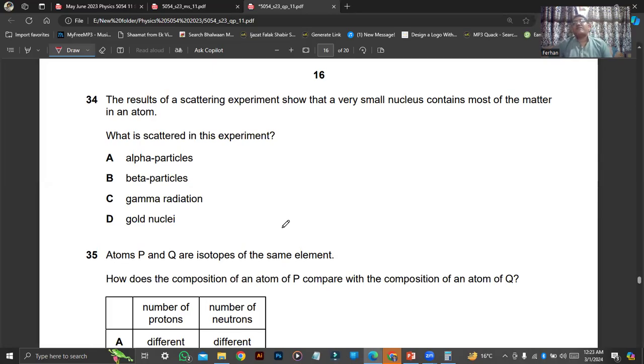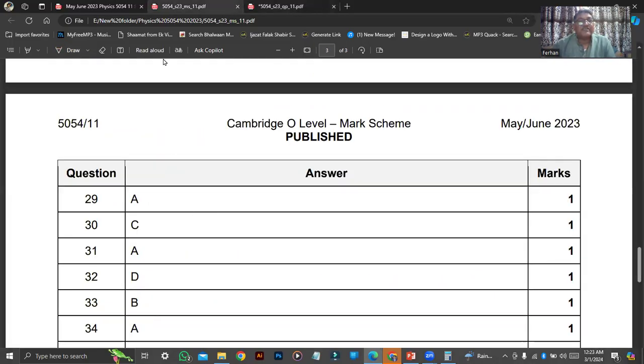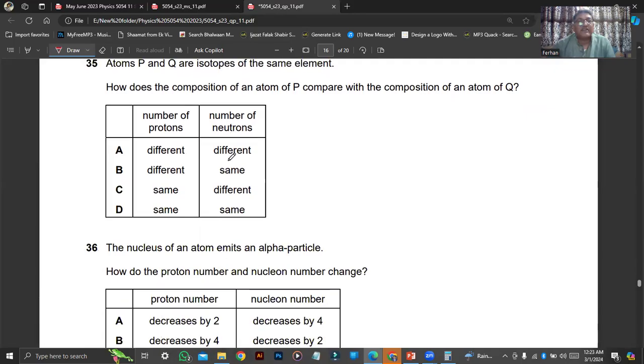Most of the alpha particles went straight through the gold foil undeflected, from which they concluded that there is a very small nucleus in each atom, and that most of the space in an atom is empty. So the particles used to bombard the gold foil were alpha particles. So I think A is the choice. Question number 34, A is the right answer, sir.